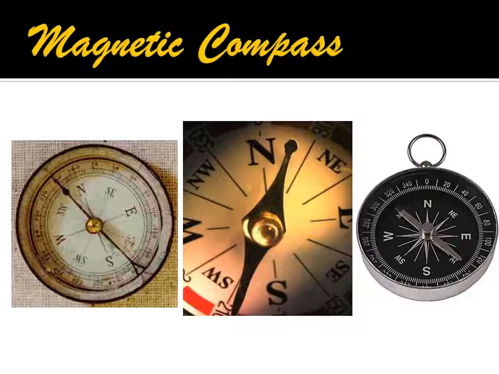If you are moving in a certain direction, the pointer will show whether you are moving in the correct direction or not. So the magnetic compass is very useful for traveling to an unknown place.